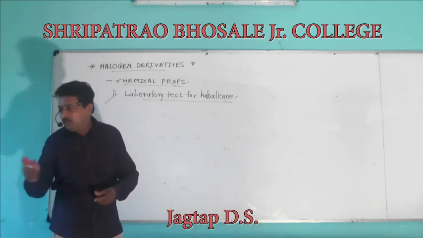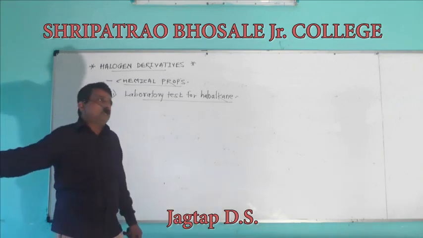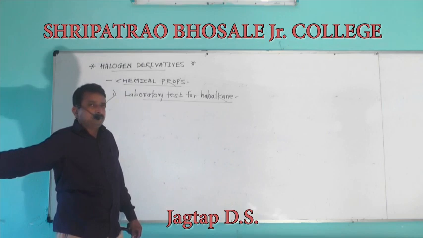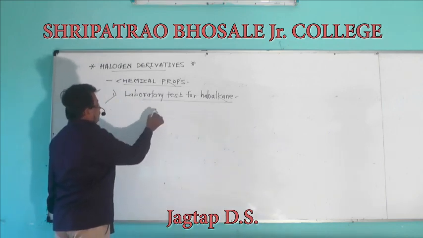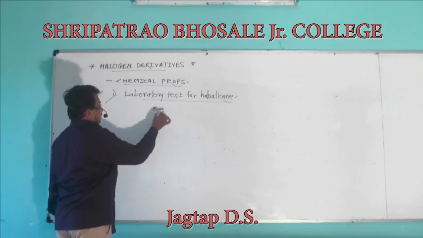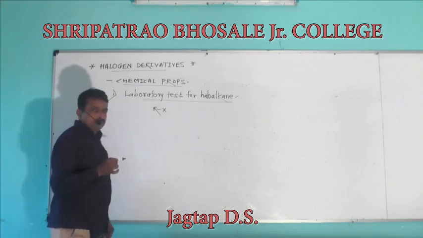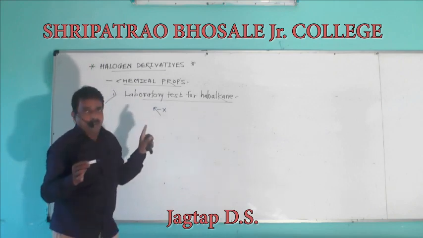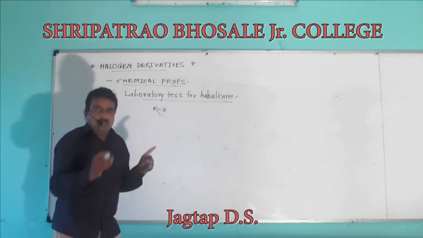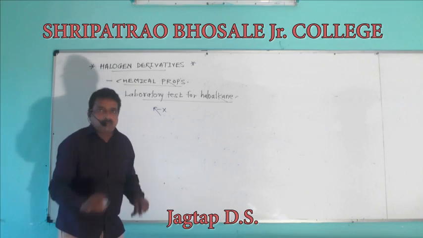Haloalkane is the IUPAC name of alkyl halide, and alkyl halides are generally represented as RX. That is, these are the monohalogen derivative of alkane, or aliphatic saturated hydrocarbon.